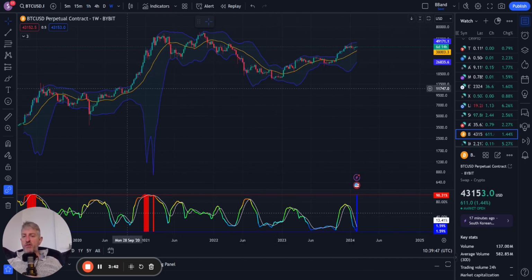So as you can see, comparing the two, the BBWP is two lines: the colored line is the actual measurement, and the white line is a moving average. So in a way, you just look at them as one line. As they get down to the low readings over here, which is a percentage, that reflects low volatility or a narrow Bollinger Band.